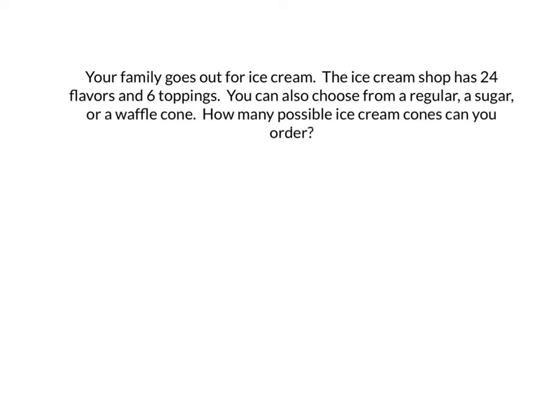So let's try a different one, a little bit bigger, of course. You and your family are going out for ice cream. The ice cream shop has 24 flavors, 6 toppings, and then you can choose from a regular, a sugar, or a waffle cone. So in other words, 3 kinds of cones. So we have 24 flavors times 6 toppings times 3 cones.